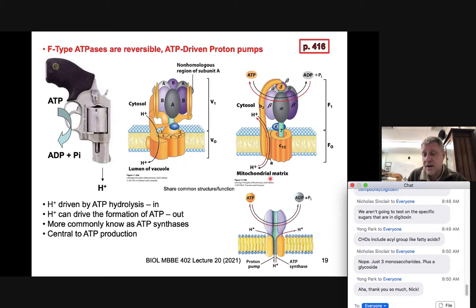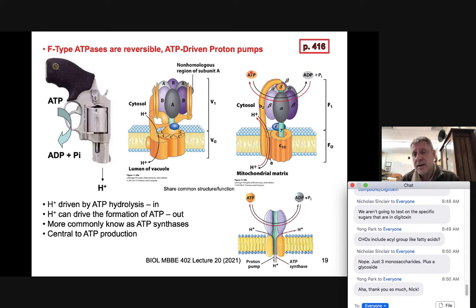So these are one of our sole producers and major producers in making ATP in the mitochondria, and it uses a proton gradient to drive the production of ATP, or we can consume ATP to drive the production of the proton gradient.